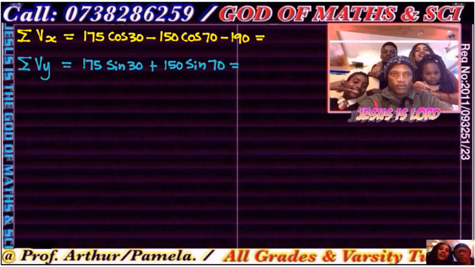The yellow one, 175 cos 30 minus 150 cos 70 minus 190. I get a negative 89,75. That means the vector is pointing to the left.